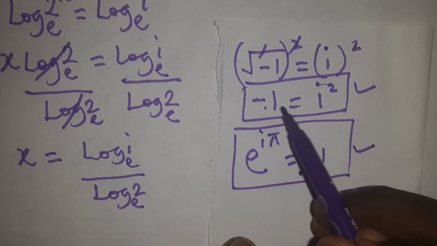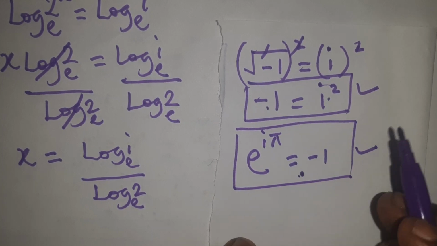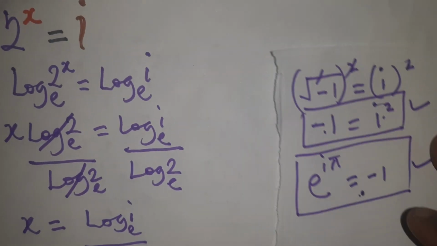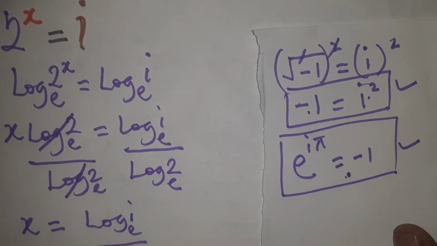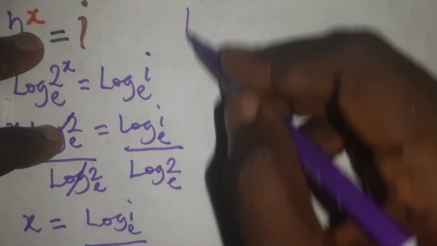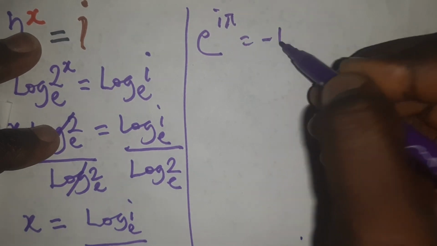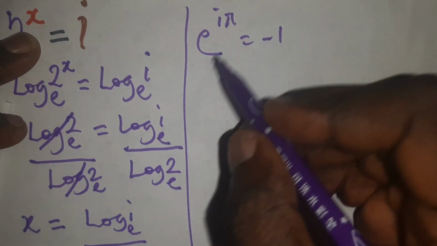But remember that minus 1 equals i squared. So we work with this. Working with this, let me write this one out now. We have e raised to power i pi equals minus 1. Then again, I apply log to the base e to both sides.